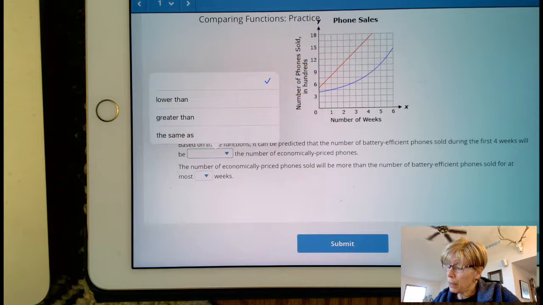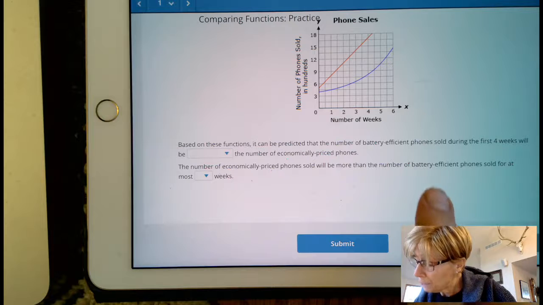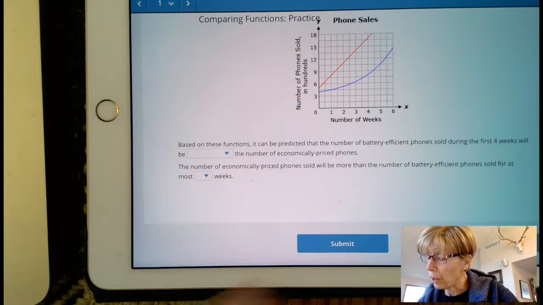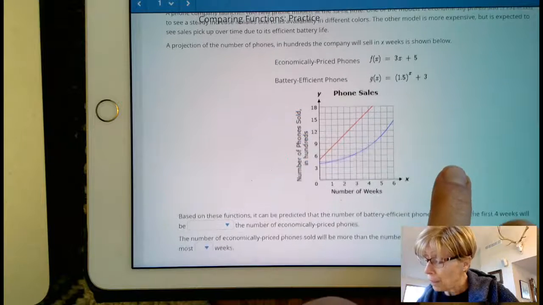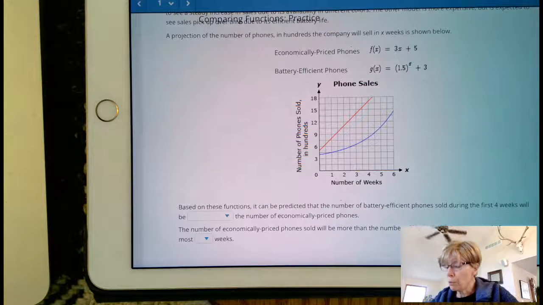When we go back and look at this particular problem, the battery efficient phones are the blue graph. And that's the kind of curved graph, the exponential graph. The economically priced phones are the 3x plus 5.